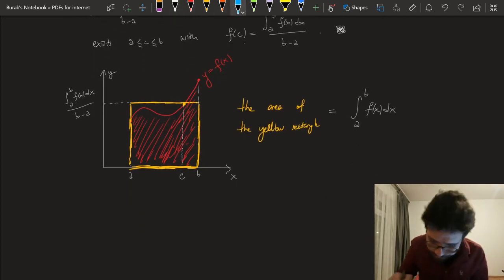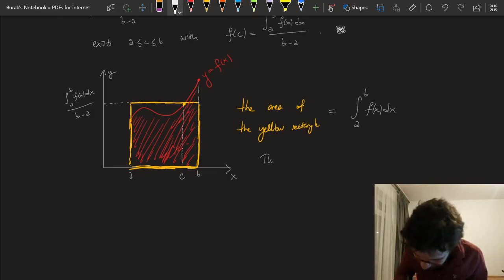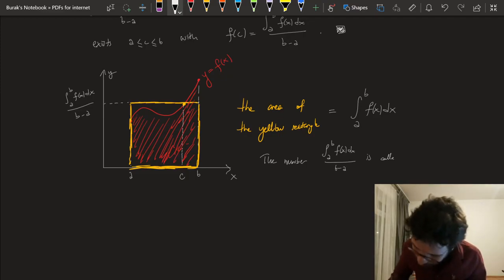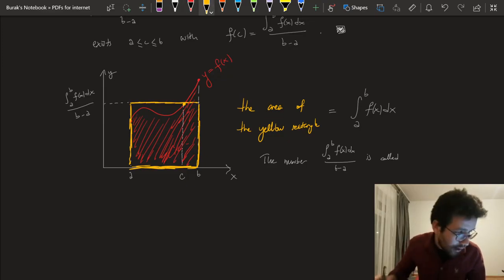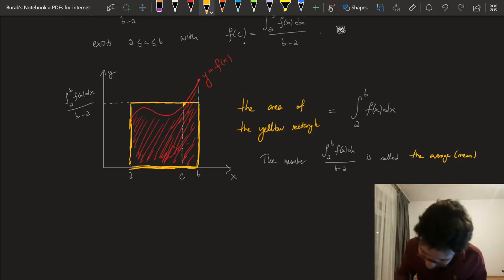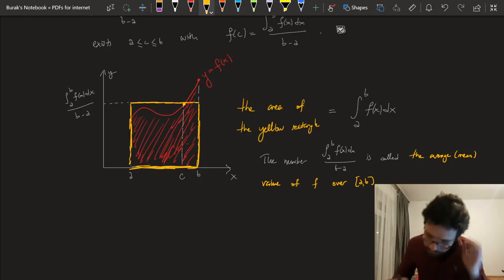This quantity, the number integral of f from a to b divided by b minus a, is called the average, in other words the mean value, of f over the interval a b.